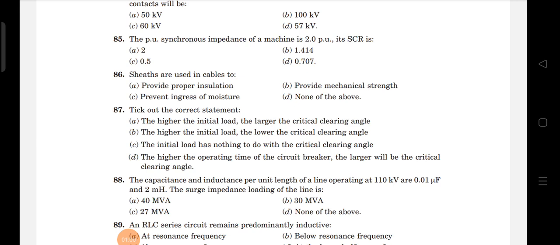Next question, the capacitance and inductance per unit length of a line operating at 110 kilovolts are 0.01 microfarad and 2 millihenry.